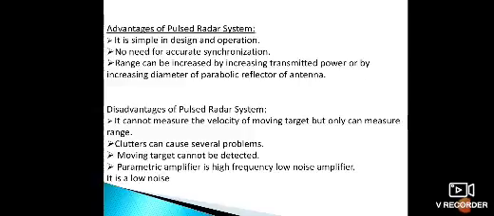The next one is that clutters can cause several problems. First of all, what is a clutter? Clutter is the term used for unwanted echoes in our system. Unwanted echoes, for example, come from fog in the atmosphere, rainy areas, large tall trees, animals, insects, whatever it may be.